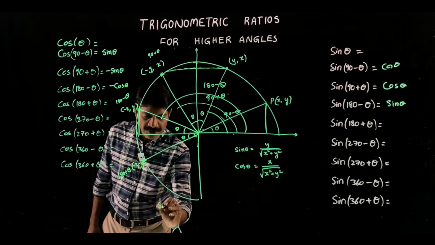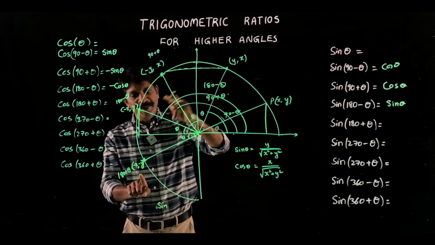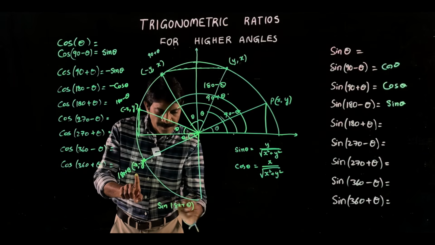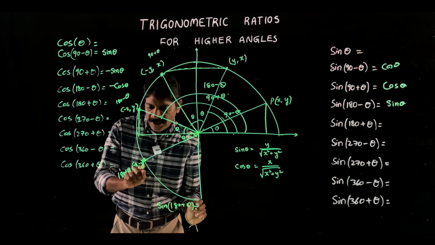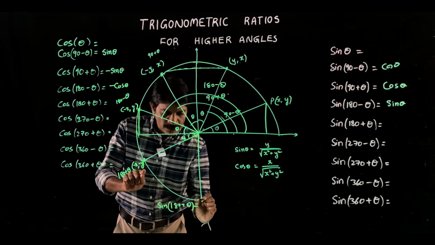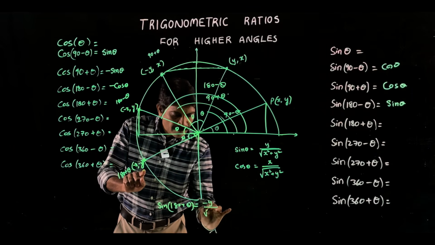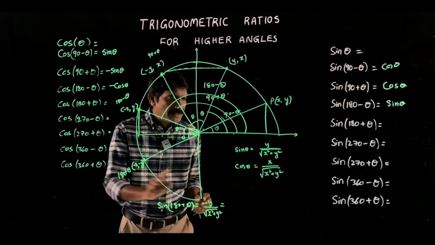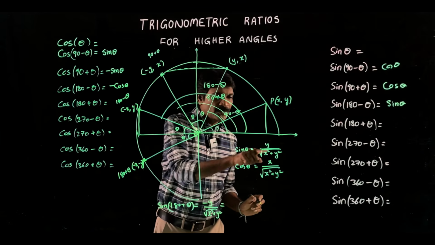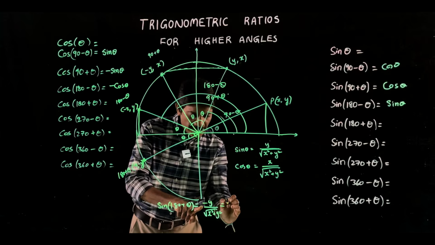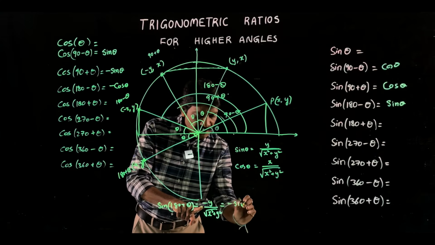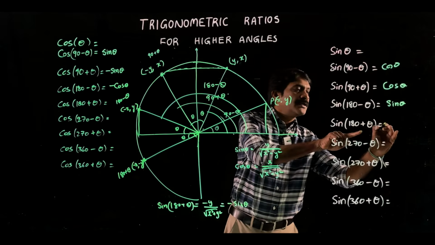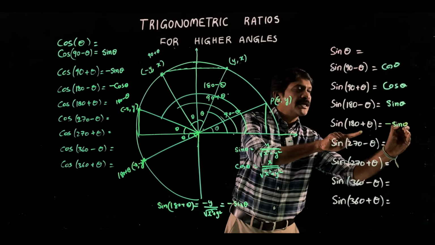For this, sine 180 plus theta is equal to, sine is always this coordinate we have to write, minus y by under root x square plus y square. But y by root of x square plus y square is sine theta. Before that we have minus sine theta. Therefore, sine 180 plus theta is minus sine theta.